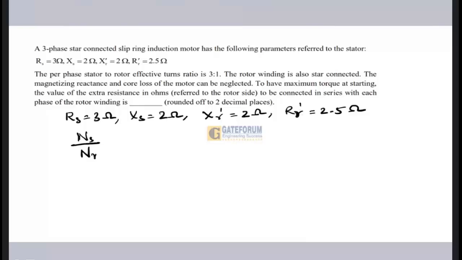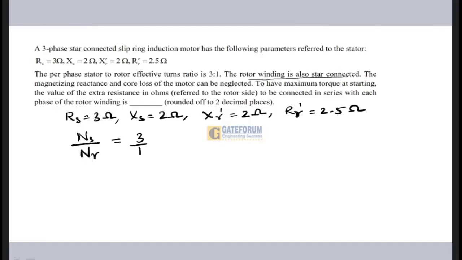The turns ratio will always be per phase whenever you are dealing with a three phase system. Now the rotor winding is also star connected. The magnetizing reactance and the core loss are neglected.